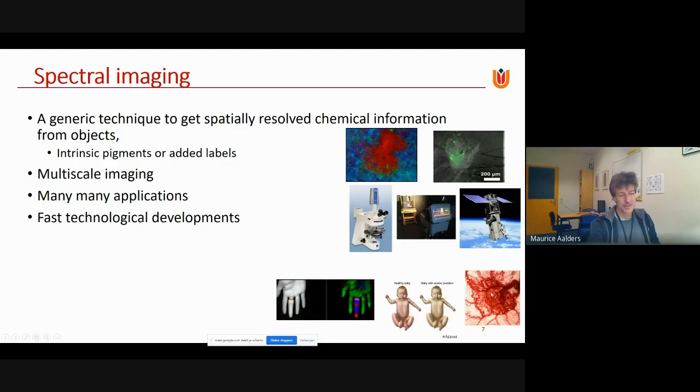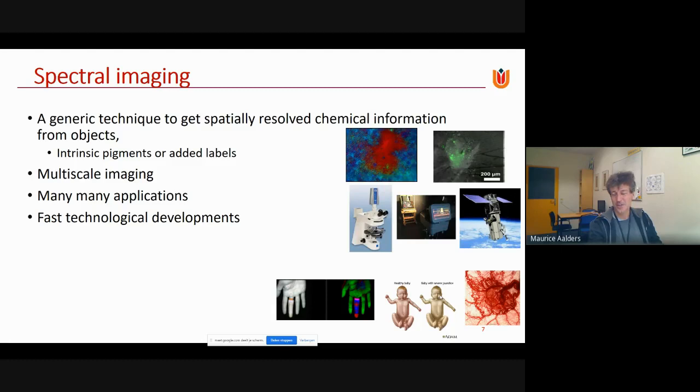So tumors, brain tissue, babies. Sometimes these babies become yellow. That's bilirubin. If they cannot get rid of the bilirubin, which is a breakdown product of blood, quickly enough, there's a condition called jaundice. And this bilirubin will accumulate in the tissues, and if the levels are too high somewhere, you can get brain damage.